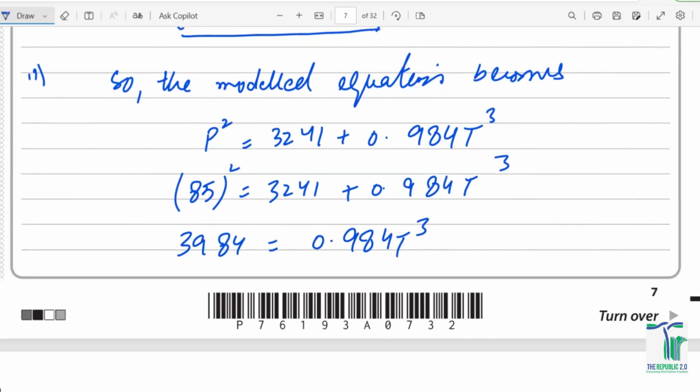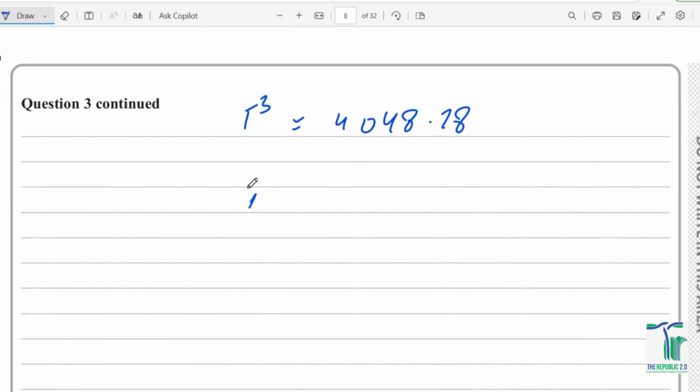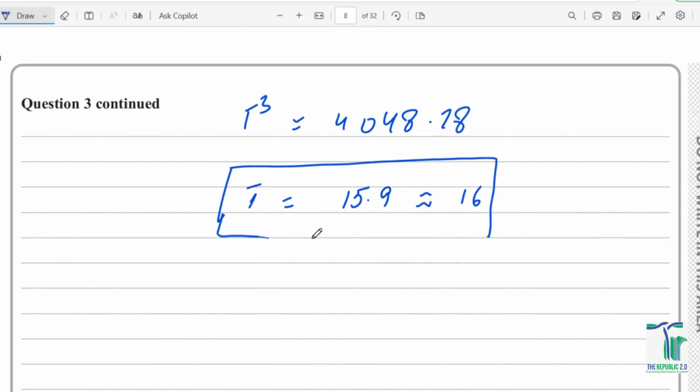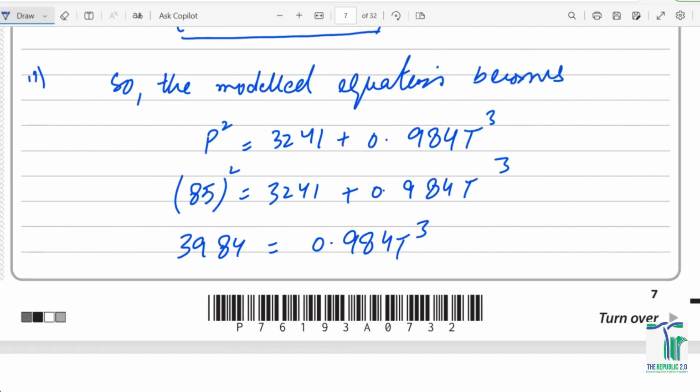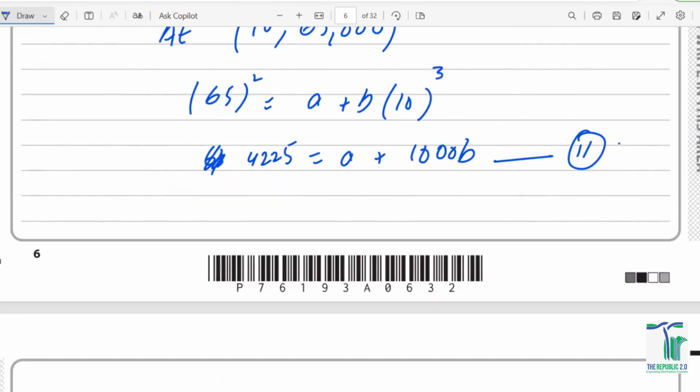And I'm just going to divide both the sides by 0.984, I'll be having T cubed as 4048.78. And now by just taking the cube root, I'll have myself the time, and that is going to be approximately 15.9, which is congruent to 16. So that is the final answer that we were looking for. So that was question number 3. We were just given an equation and we just need to model it, like we always do.